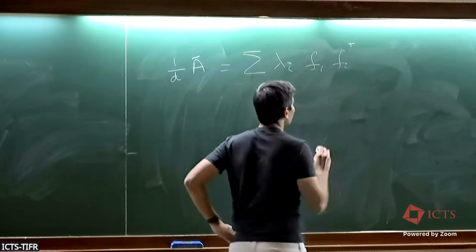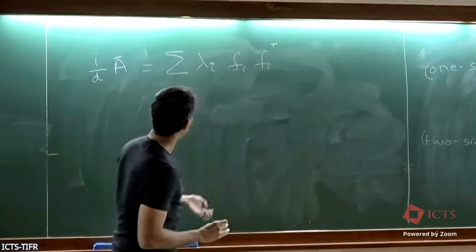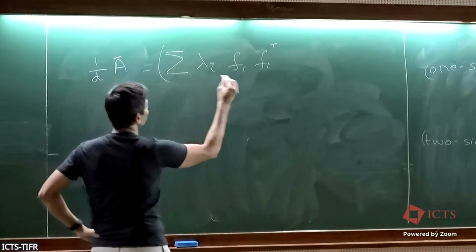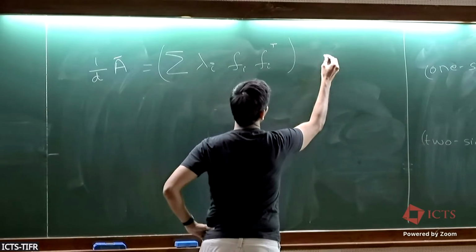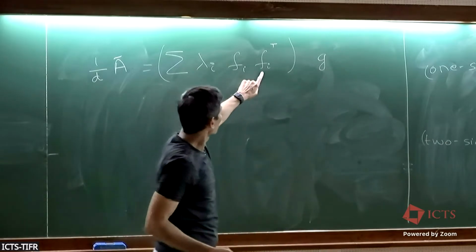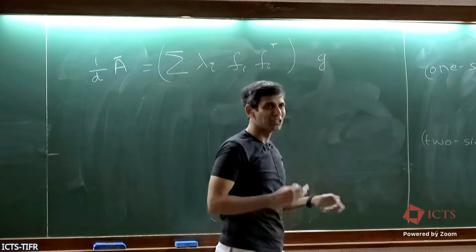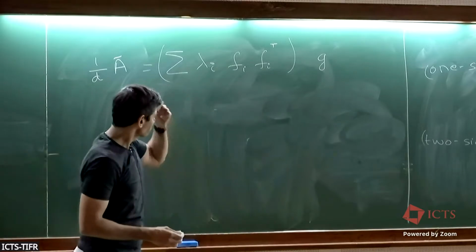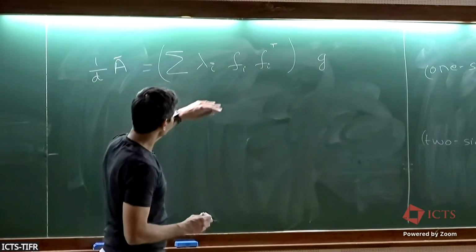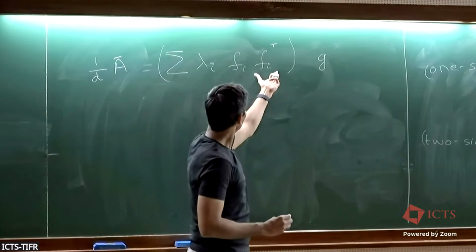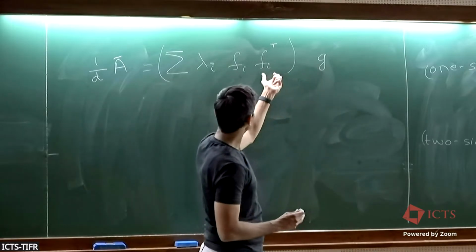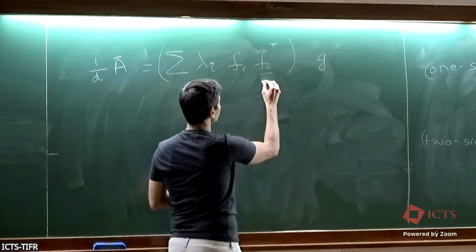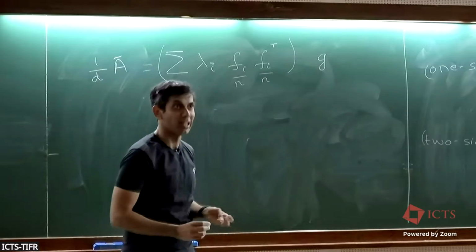Now I have to be a little careful, because if I write the decomposition this way, I have a bit of a problem, because if I multiply it with any function G, I will get Fi transpose G, which is not quite how I defined the inner product of Fi and G. So one way to deal with it in this particular case is that the inner product of Fi and G is just 1 over n times Fi transpose G. So I could divide this term by n and divide this term by n to correctly scale things.